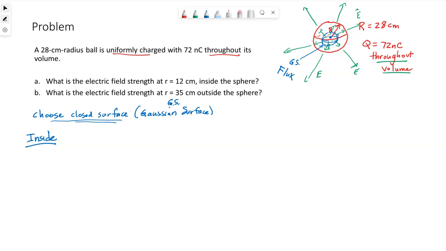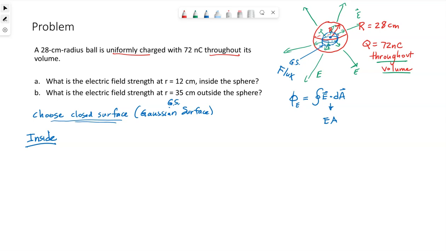Now with symmetry, recall that the integral through the closed surface, if we've got the symmetry right, we should be able to say that this flux is simply E times A, meaning the strength of the electric field times the surface area that the electric field lines are passing through.